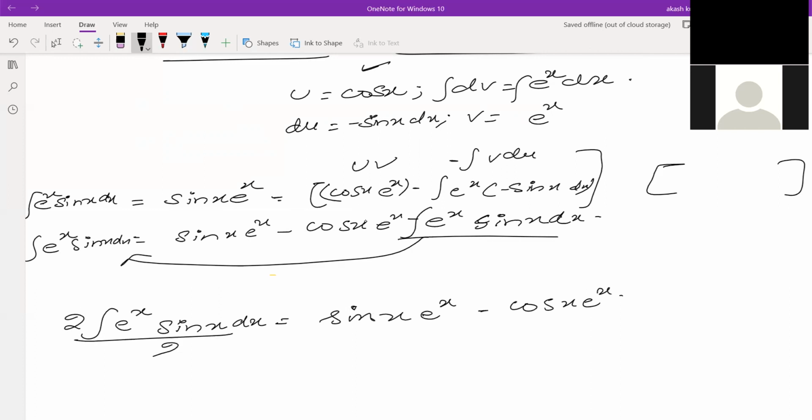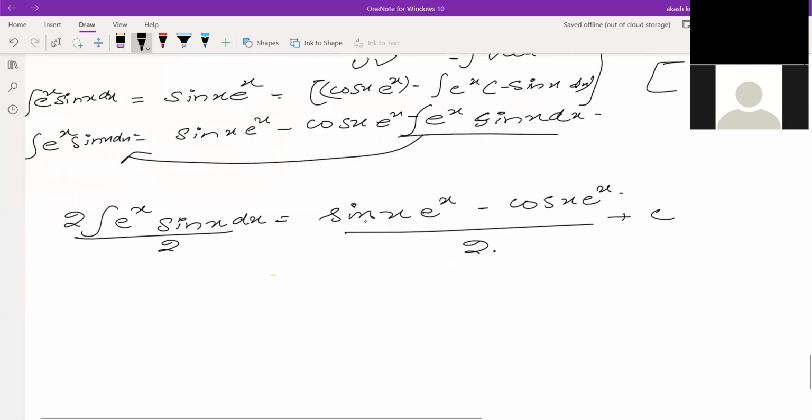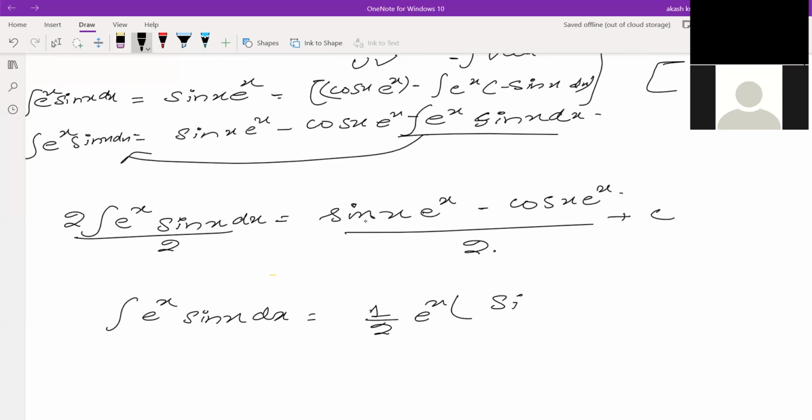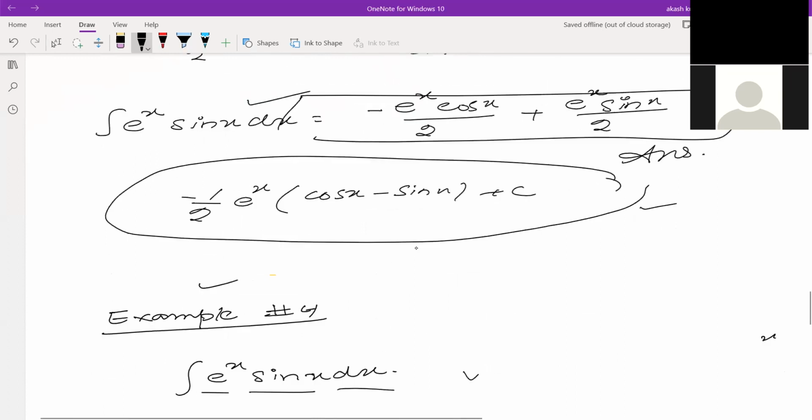Dividing both sides by 2, the integral of e^x sin x dx equals half e^x, with e^x common, times sin x minus cos x, plus C. This is the answer. Is it clear? Both ways we have got the same answer. Yes, clear.